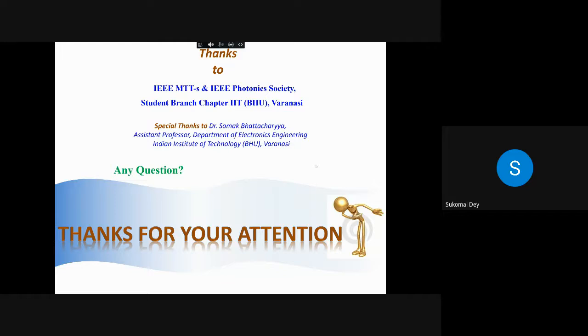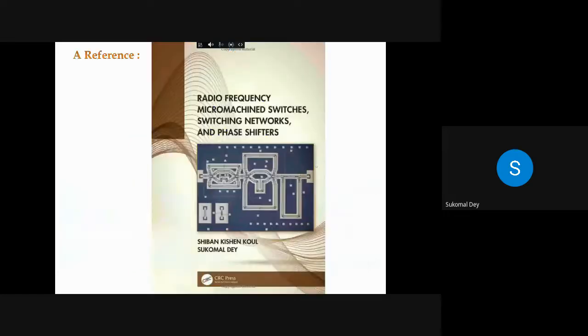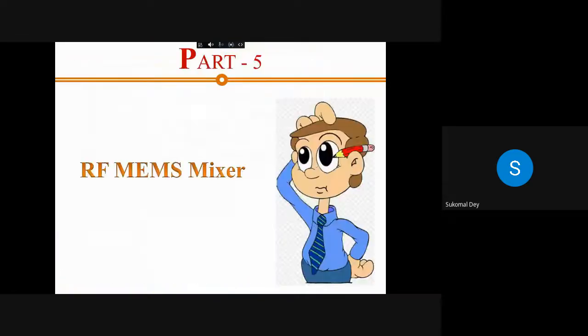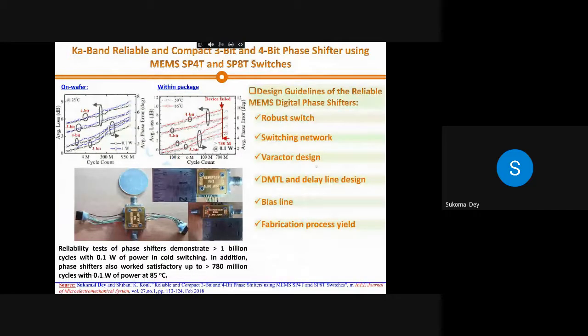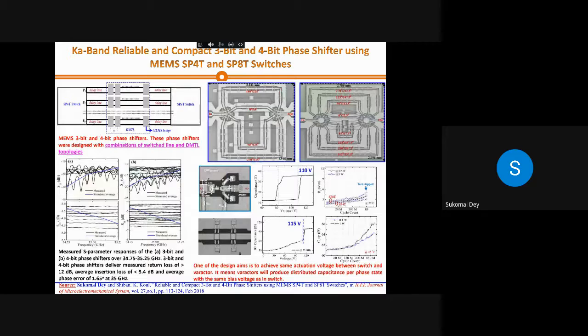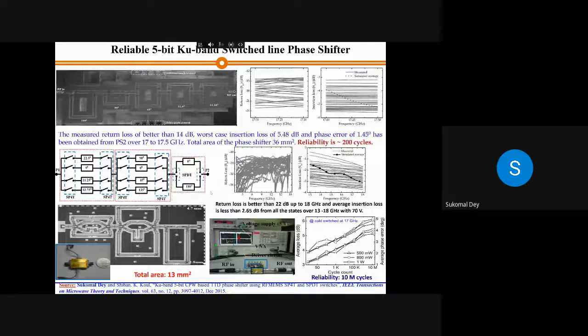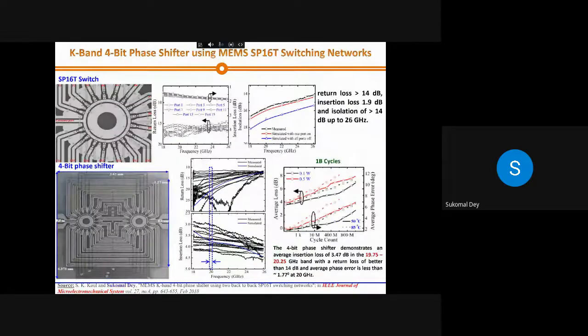Now the point here is that whenever you are making such a device, I'll go back to one particular thing so that I can tell you much better. Say, for example, once you have designed it, then you have to check the temperature stability. You might have seen some of my graphs, some of the results that were tested at different temperatures, like I showed 50 degrees, 85 degrees Celsius.